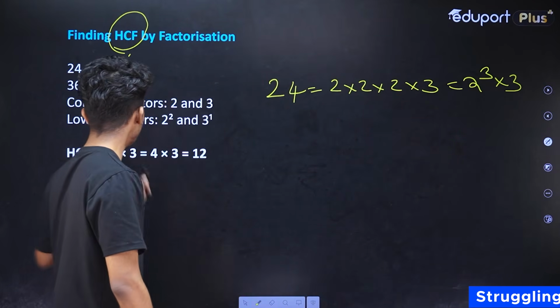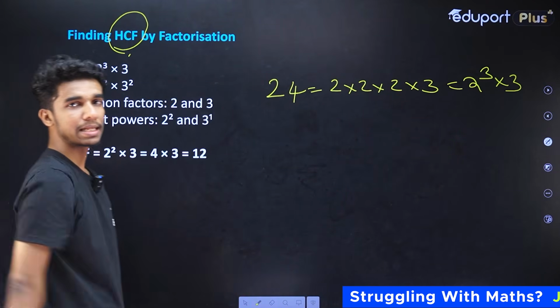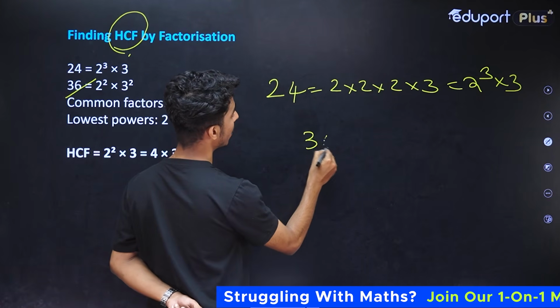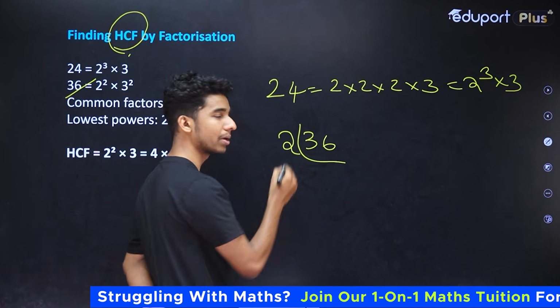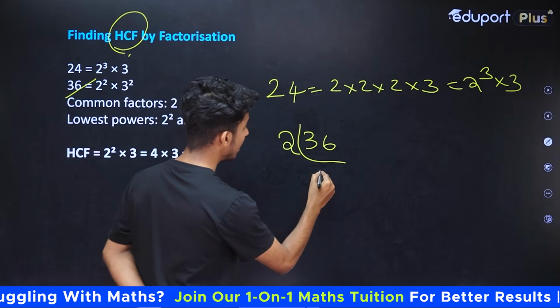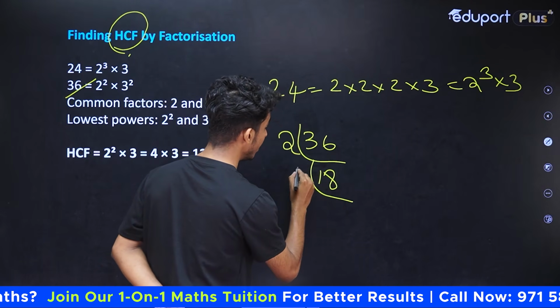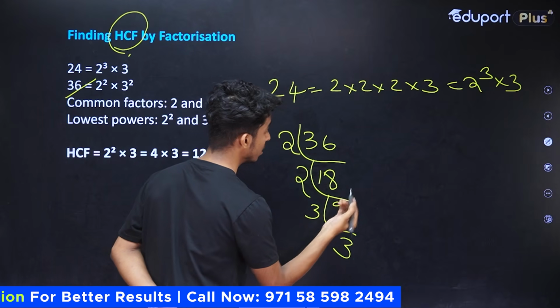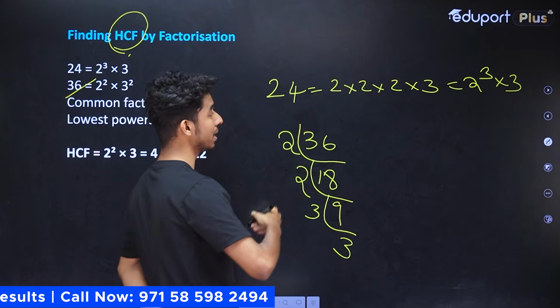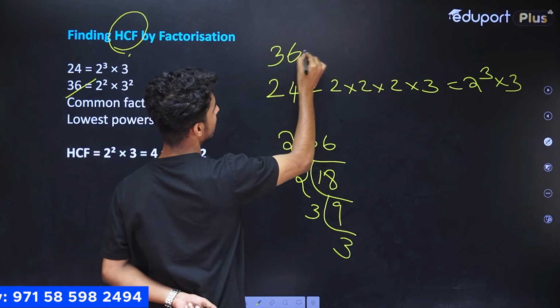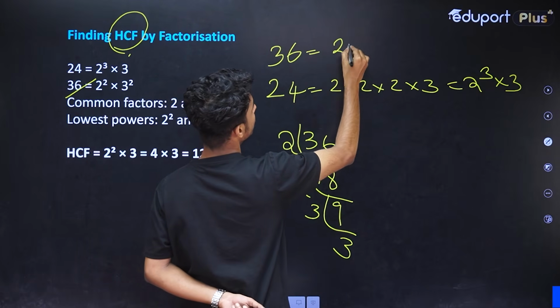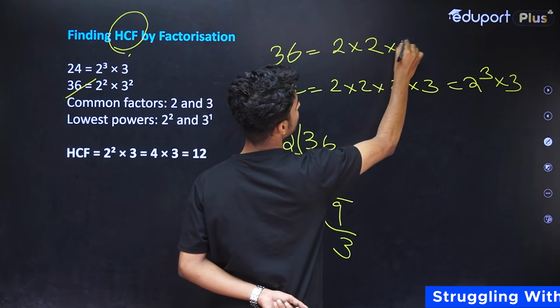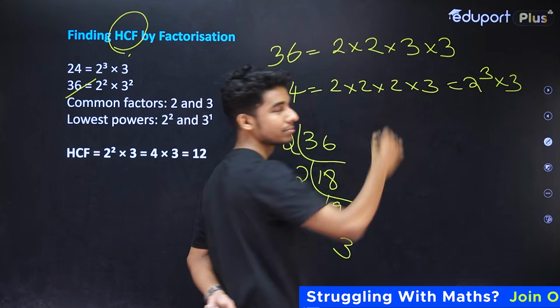Similarly, I'm taking 36. 36 can be divided by 2, as it is an even number. Divided by 2, it becomes 18. 18 divided by 2 is 9. 9 divided by 3 is 3. So, 36 can be written as 2 into 2 into 3 into 3.